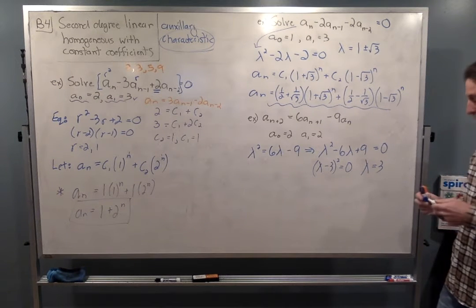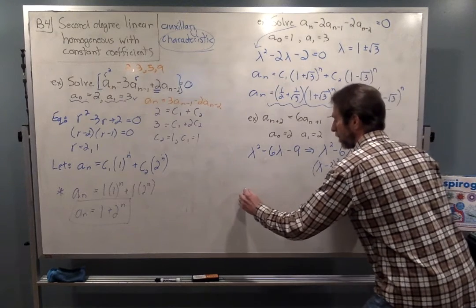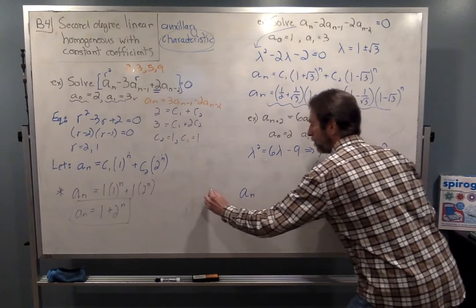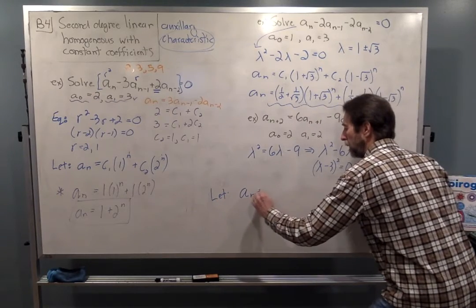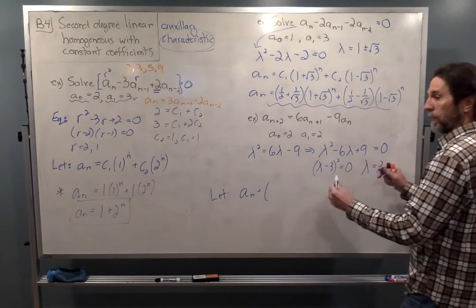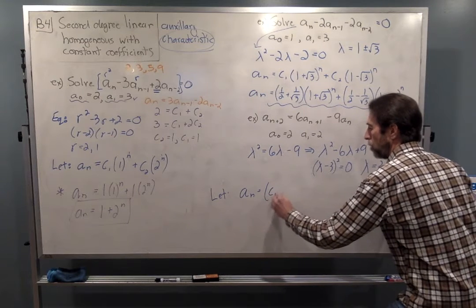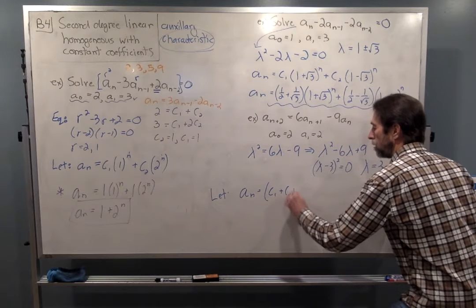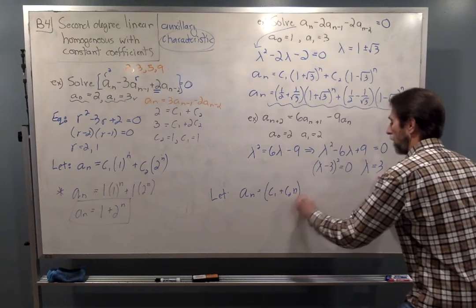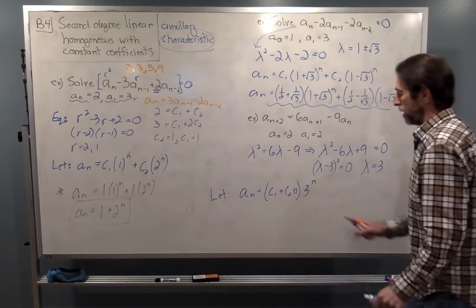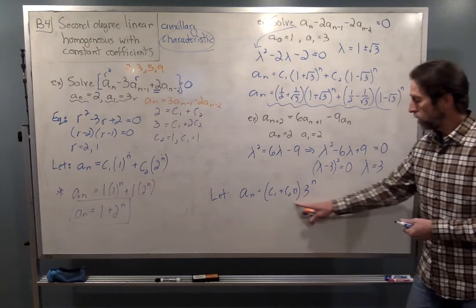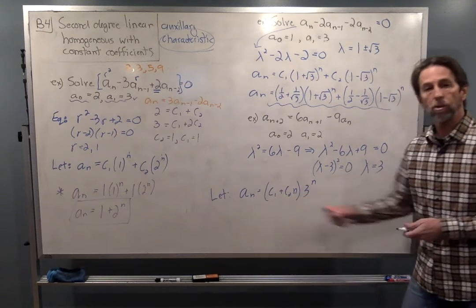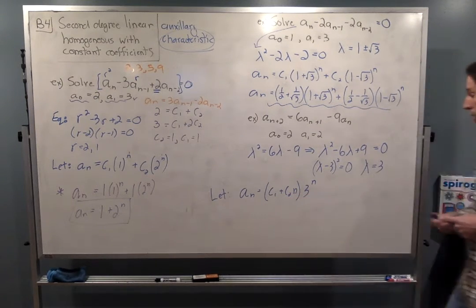Now, what am I going to do then if I only have one of those roots? Well, it's not that big a deal. We just make a little bit of an adjustment. I'm going to let a sub n be a linear c1 plus c2n times that root to the nth power. So it still has a geometric piece to it, but the coefficient is going to allow for the two variables, and we want to make it linear.